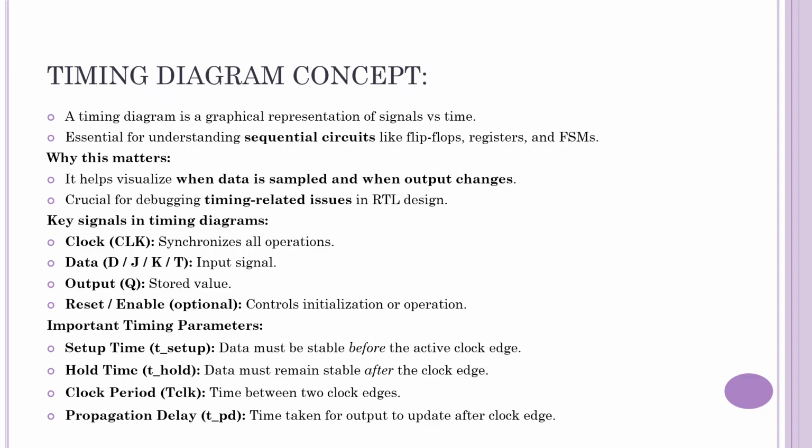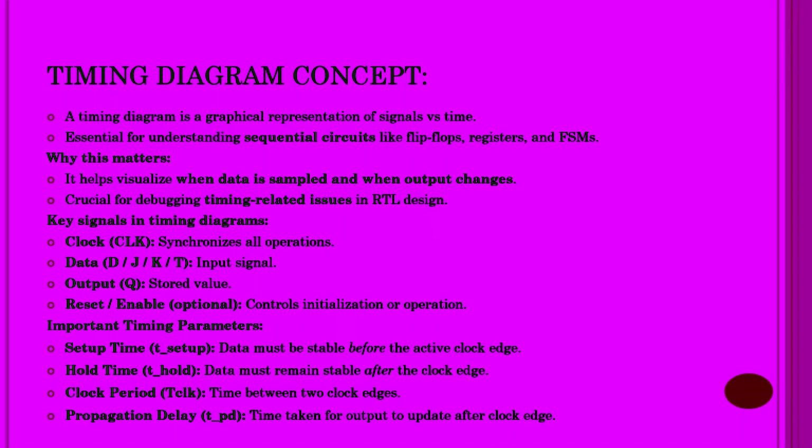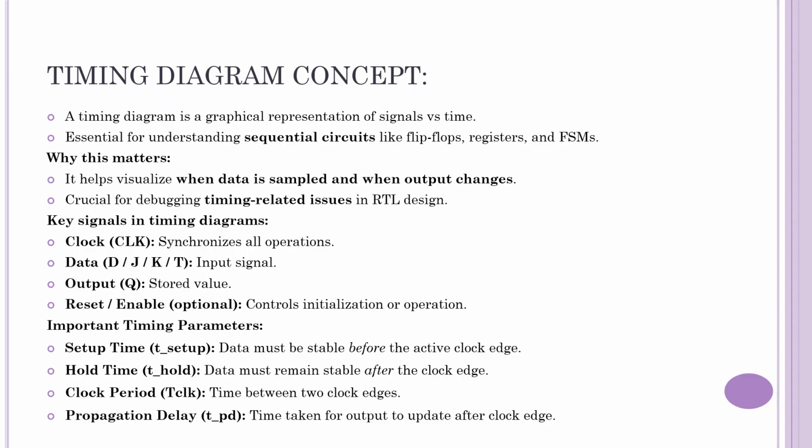Let's quickly look at the key signals you will see in a timing diagram. First, the clock. This synchronizes everything. Then the data input. It could be D, JK, or T, depending on the flip-flop. Then the output Q, that's the stored value. And sometimes you will see a reset or enable signal controlling operations.